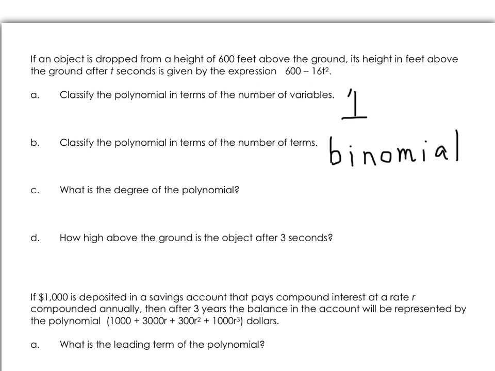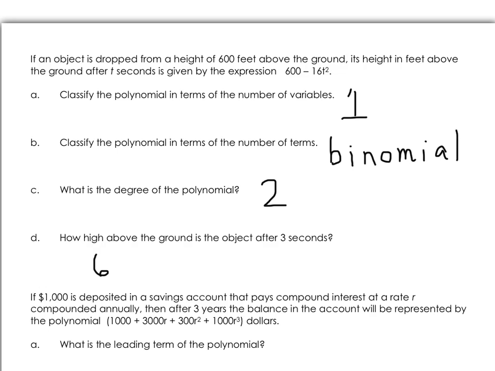What is the degree of the polynomial? The degree is the highest exponent that the variable is raised to. 2. It's a second degree polynomial. How high above the ground is the object after 3 seconds? So t is 3.